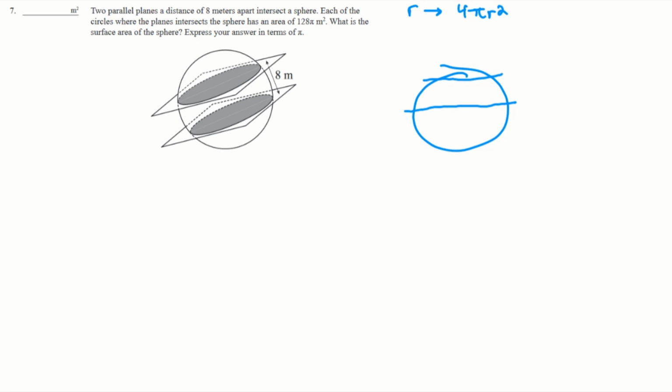Okay, so to solve this problem, I am going to make a cross-section view from the side, and we're going to have our circle.